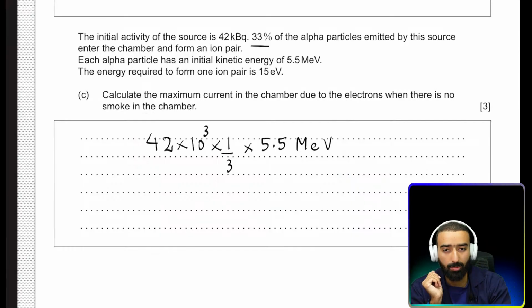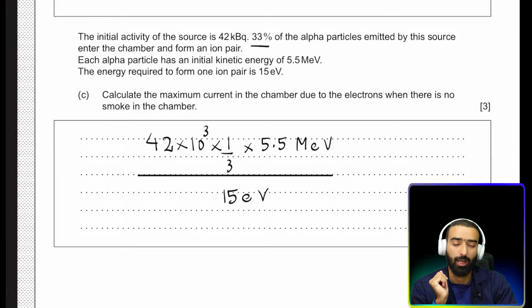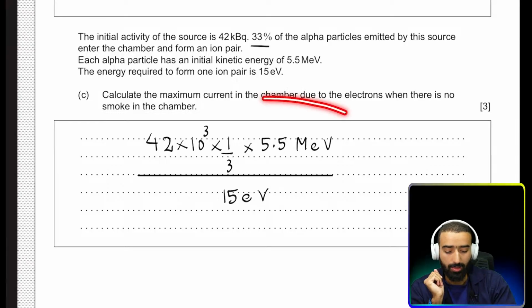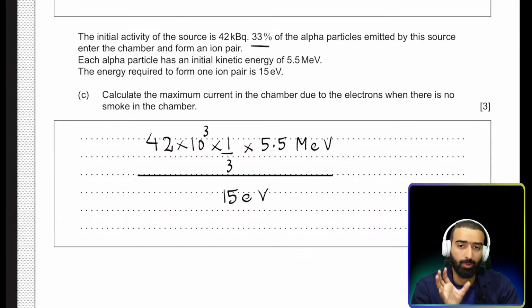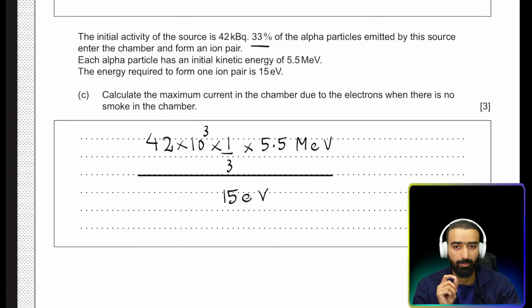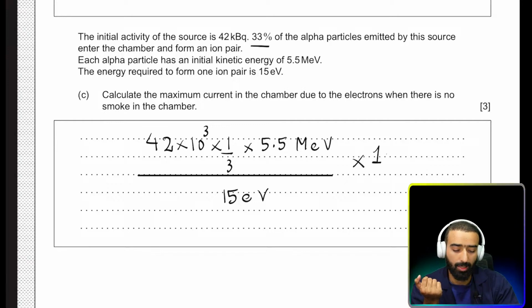How many ion pairs are going to be produced? Well, we need to divide this energy with the energy required to produce one ion pair. So this is the amount of ions that are going to be produced every second. How do we find the charge? We simply multiply it by the elementary charge on each proton.